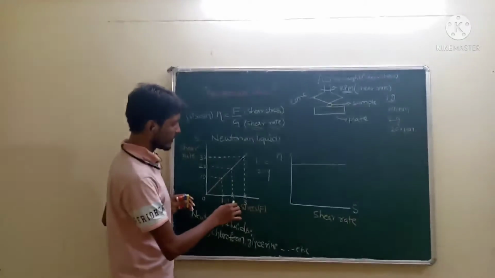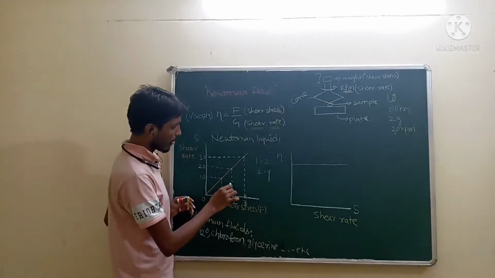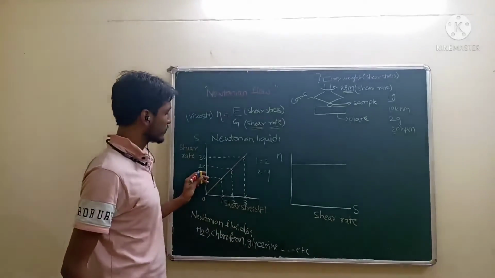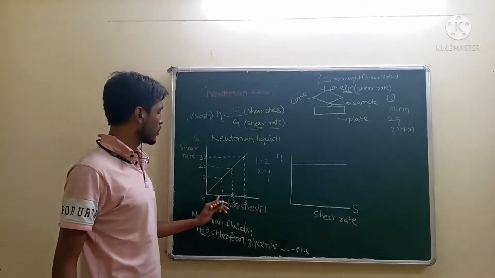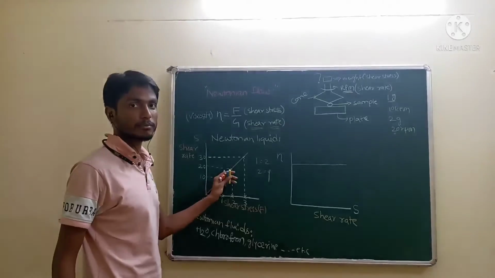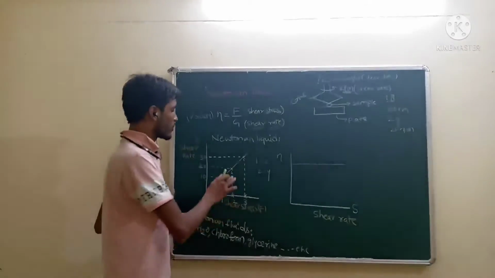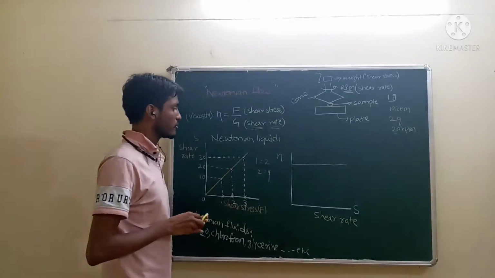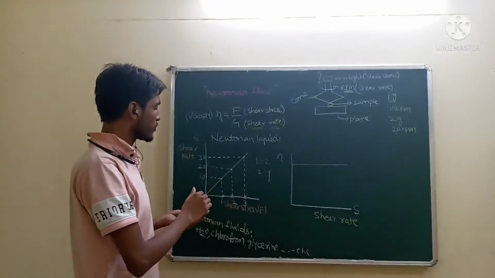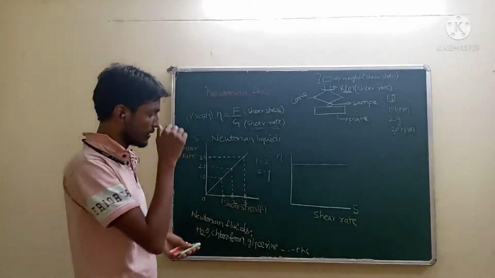See, if for 2 it is showing approximately 15, then we cannot call it proportional. 1, 10, 2 should be 20, then only we can call it proportional. Try to remember this. What is the exact meaning of proportional? Proportional increase of shear rate with respect to shear stress in case of Newtonian liquid.